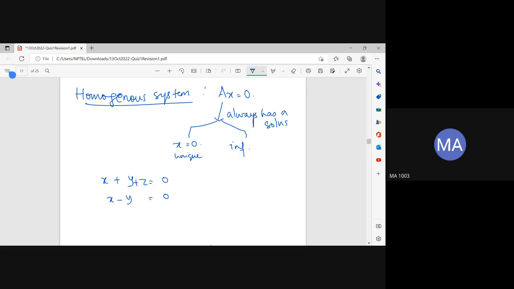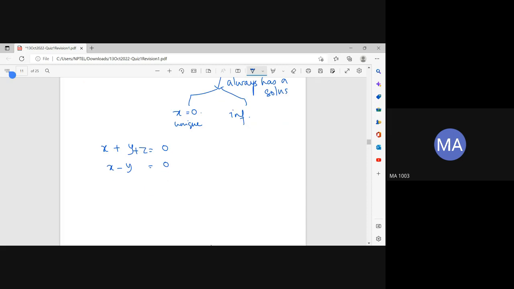Okay, fine. So I have two equations and three variables. Can you see that the maximum number of pivots I can get in the matrix is 2? The pivots come from the rows. So 1, 1, 1, 0, 1 minus 1, 0, 0 is my augmented matrix form.